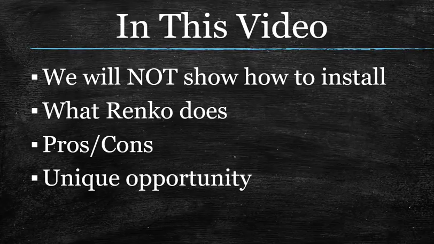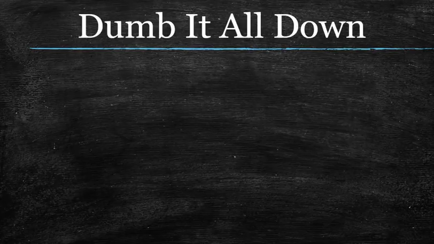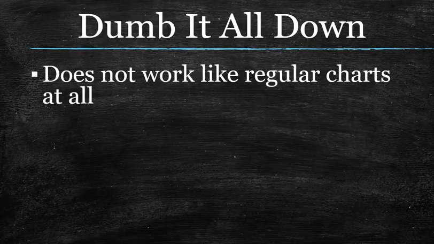But let's go ahead and start getting into what Renko actually is and some of the problems it solves. First of all, it makes everything really dumb, but not necessarily in a bad way. So it doesn't work like regular charts at all. It's almost like forget everything you know about standard chart reading because it just operates on a different playing field.